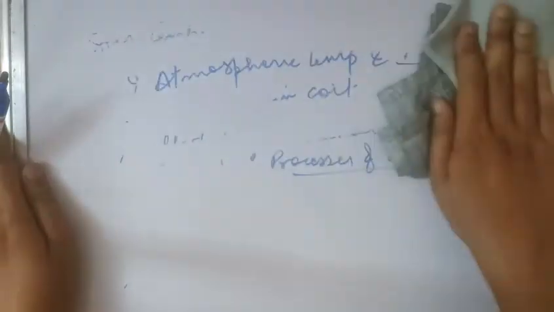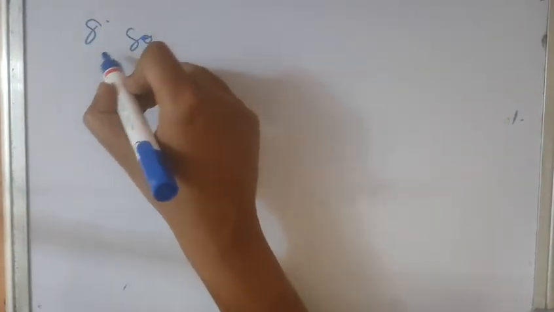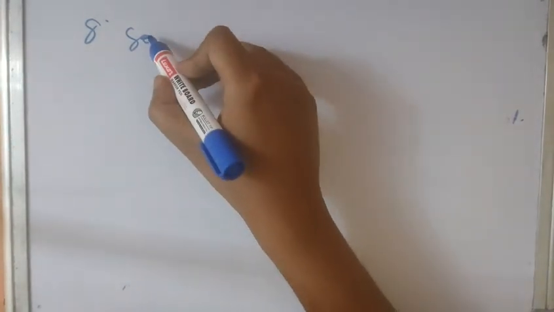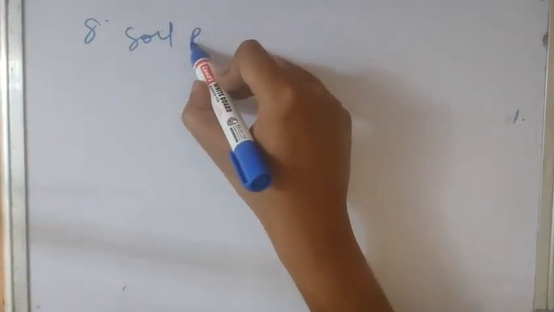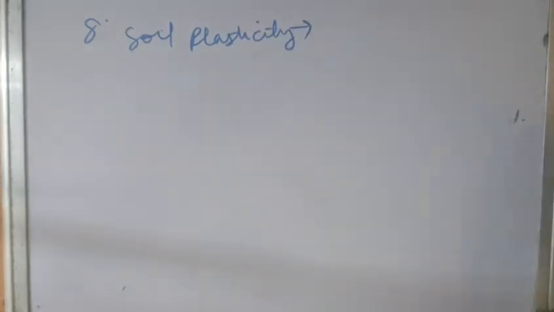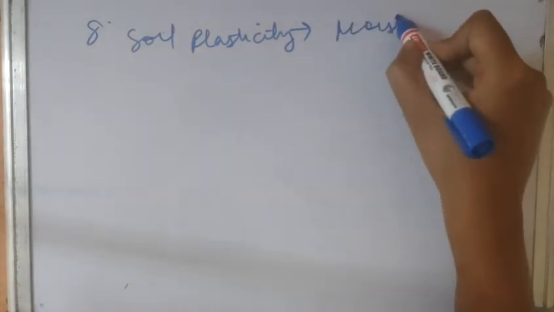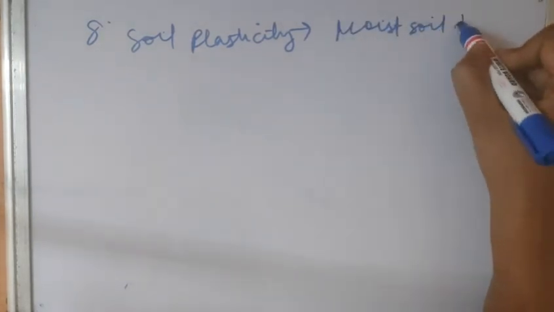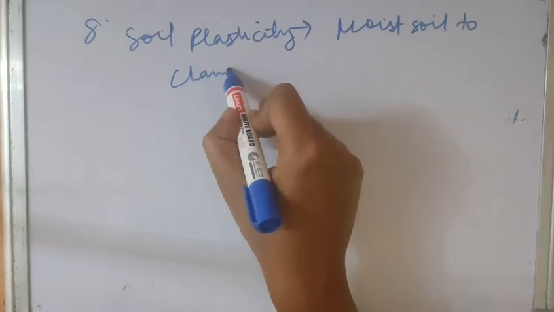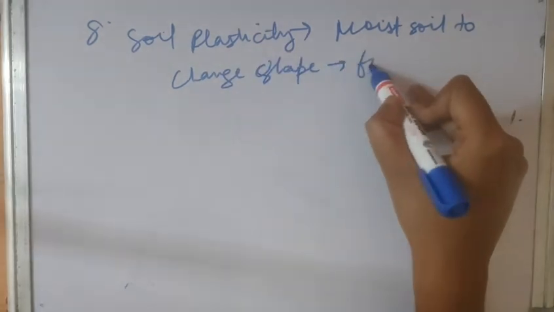Now we have got the next property, number 8. In number 8 we will discuss soil plasticity, compressibility and erodibility. First we will look into plasticity. What is plasticity? It enables moist soil to change shape when force is applied.